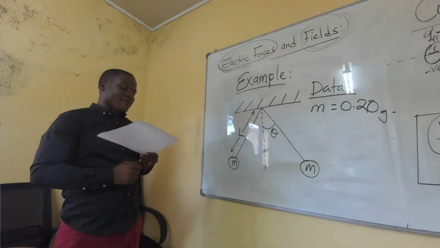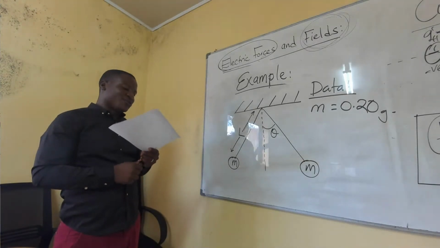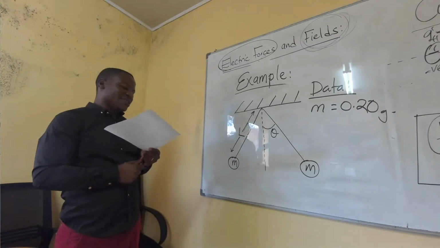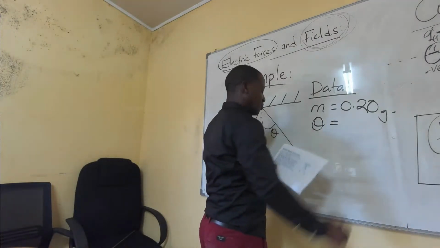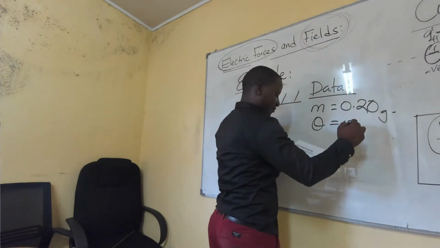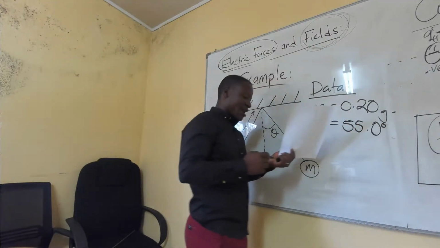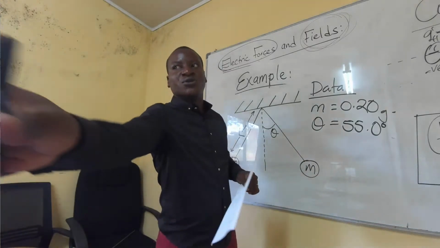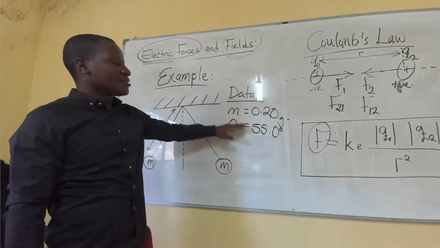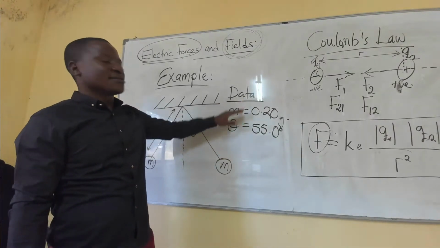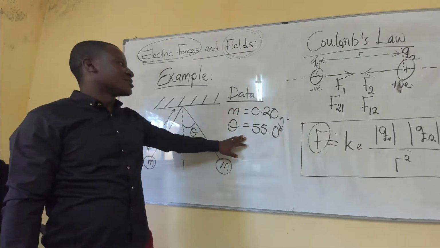The spheres are given the same electric charge, and it is found that they come to equilibrium when each string is at an angle theta. So we know that theta is equal to 55.0 degrees. By the way, if you put your data like this, it attracts a mark in an exam because you understand what you are doing. You are not just dreaming.